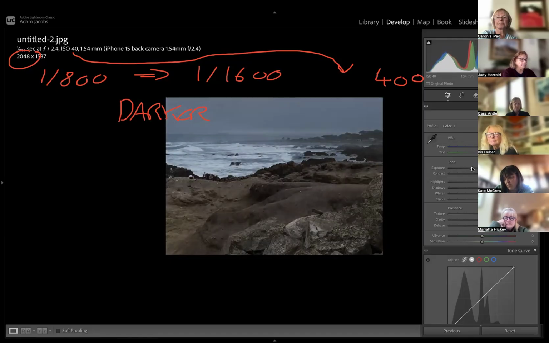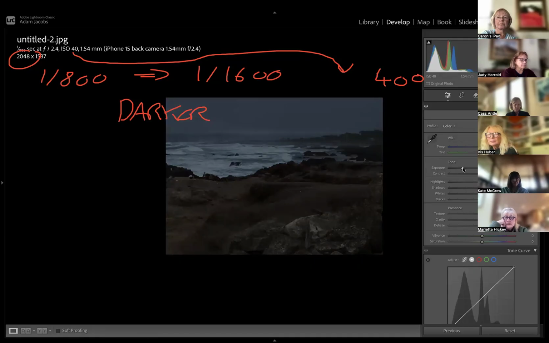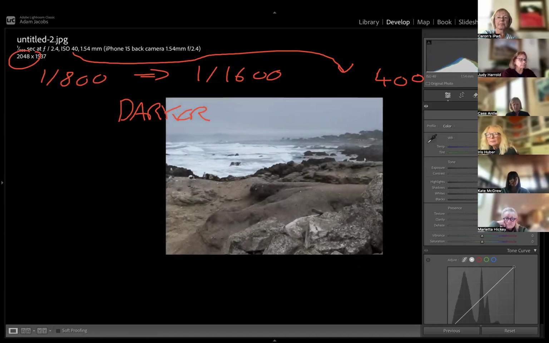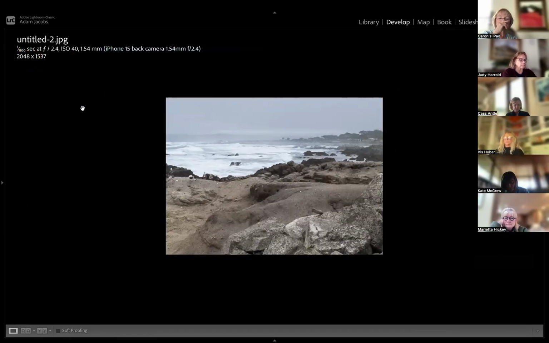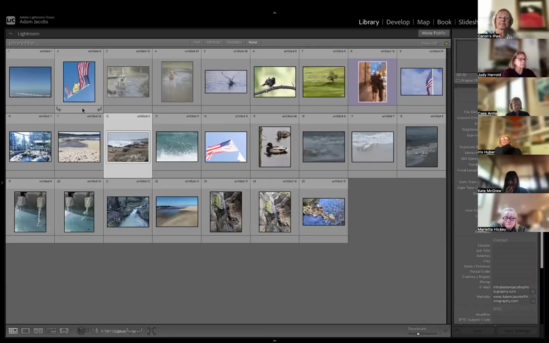If we made it darker and then turned the ISO down, it's going to get even darker. Okay, good. I probably would have done that, Karen, when you took the picture. I think that would have made a difference.